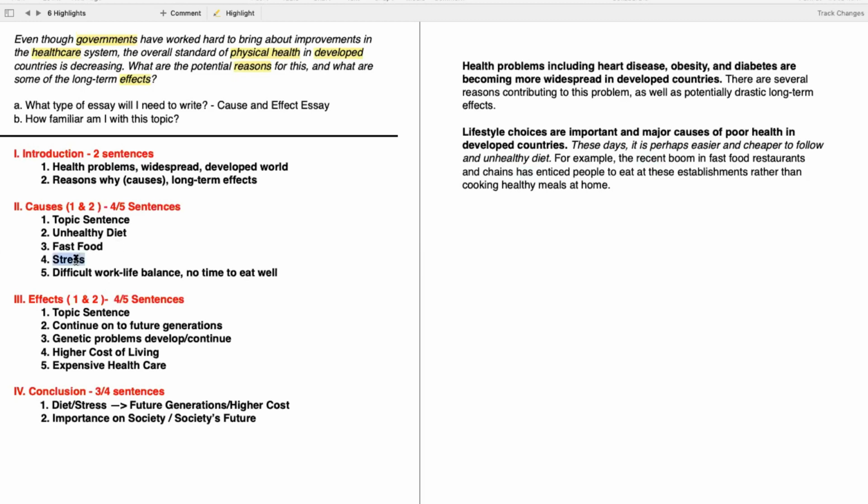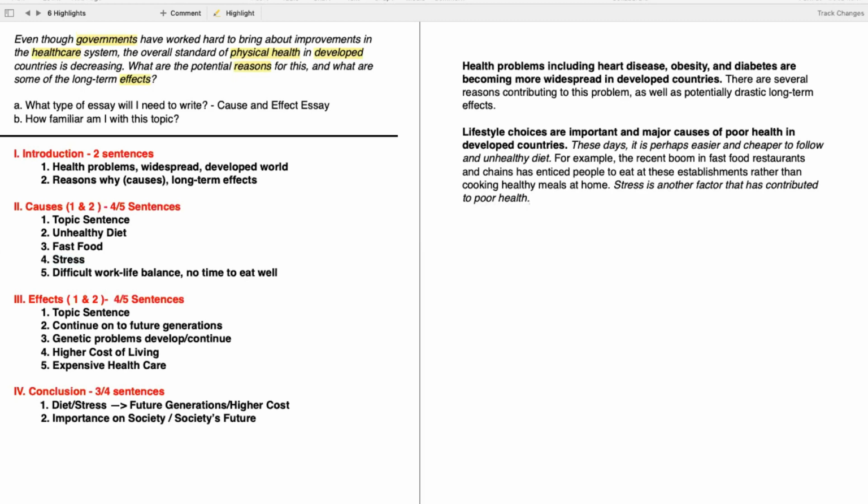Now it's time to go into stress, which is going to be our other explanation. So I'll put that in italics, and I'll say stress is another factor that has contributed to poor health. Okay, very simple, but it introduces stress.